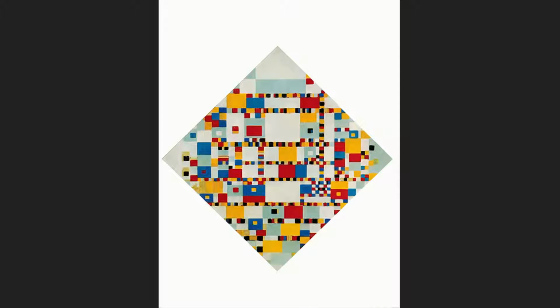So, conceptually and philosophically, this is a very interesting position, that abstract painting claimed to be the purest and the most truthful form of painting.